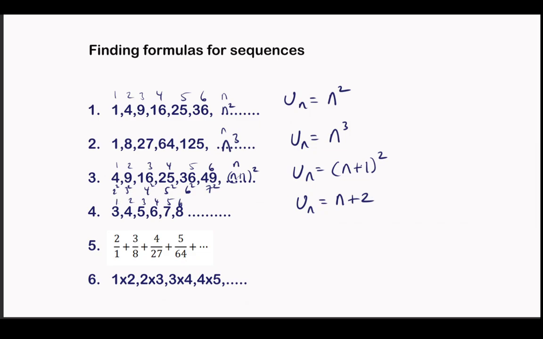So you can see with 6, if n is 6, the sixth number, 6 plus 2, it gives you 8. Okay, so sometimes we can use this idea to find the formula for a sequence once we've recognized the numbers. Right, let's look at this one, slightly more complicated.